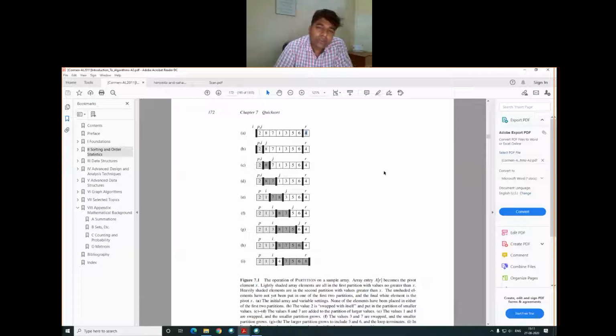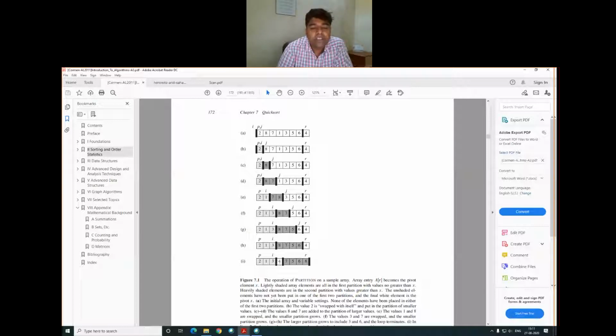Okay, so from here you can see that after a number of iterations, finally the 4 is placed. Initially it was in the last position, and after applying the partition algorithm, 4 is placed at its actual position in that array.